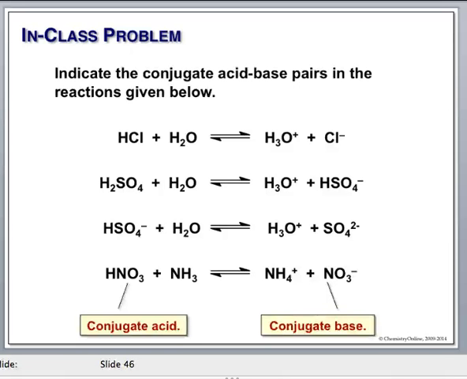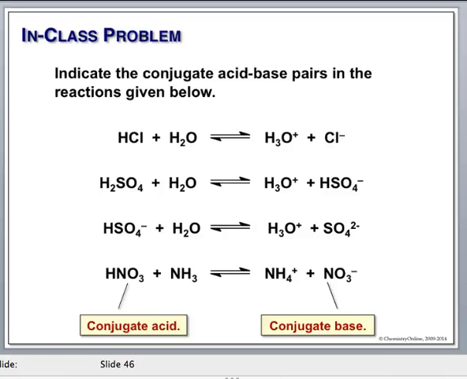Now in the back reaction here, here's my question to you. In the back reaction, so we're going this way, identify the conjugate acid-base pair. In the back reaction, who's acting as a Bronsted acid?